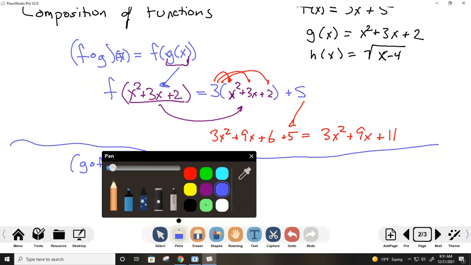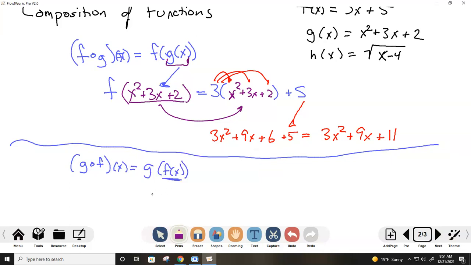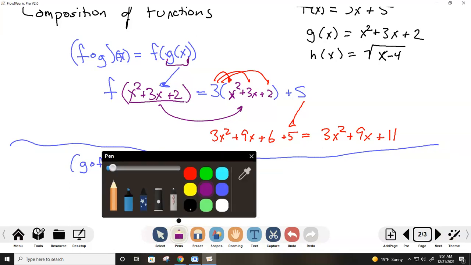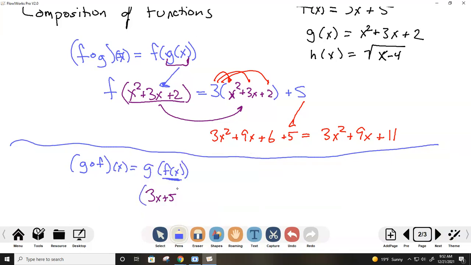So I have to say, well, what is f of x? f of x is my 3x plus 5. And that I'm going to plug into my function g. Again, I first do inside the parentheses, I first do f of x. I can't evaluate it because I don't have x, so I just have that expression.